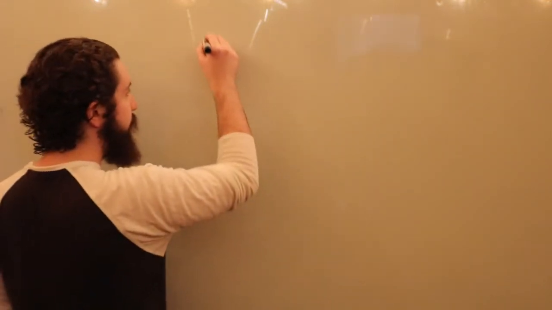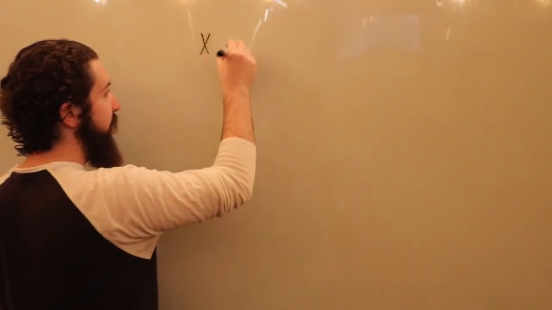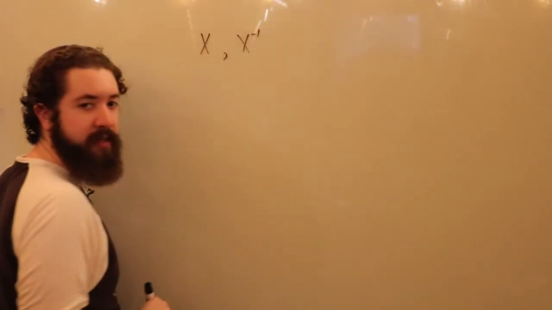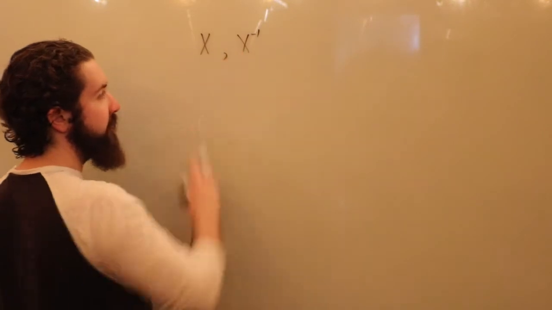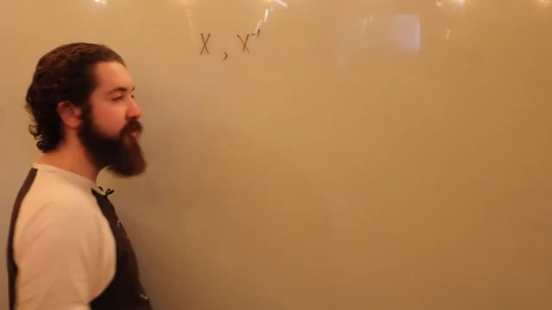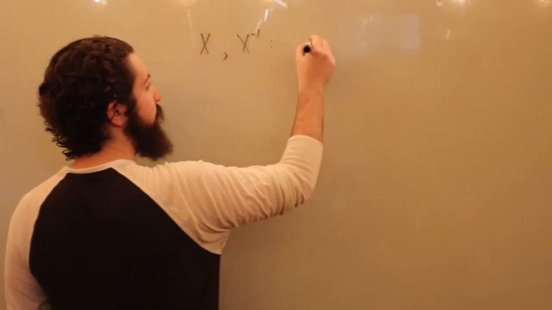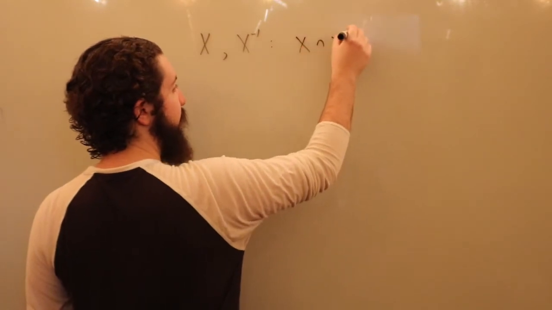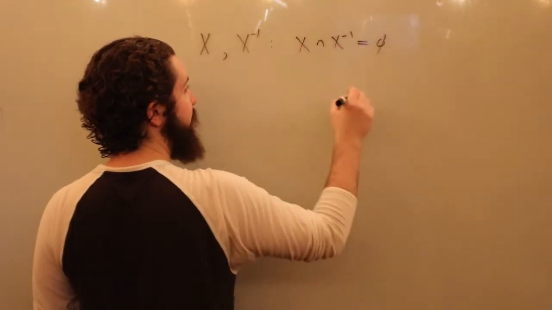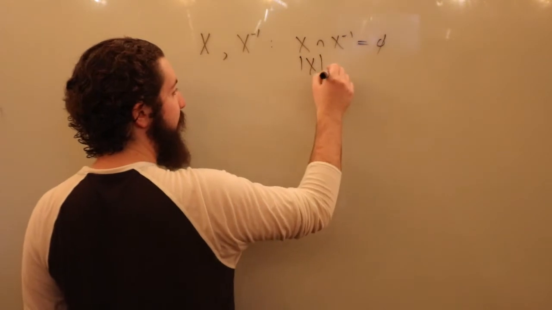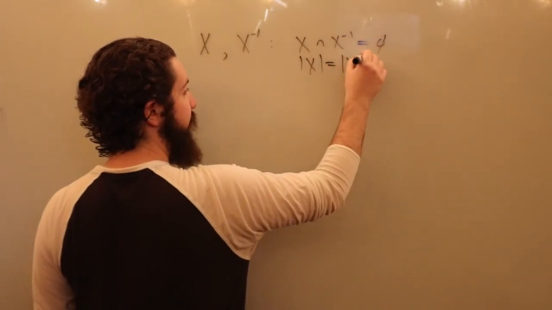All right, so we're going to jump right into it here with the definition of a free group. So, pick a set X and a set X inverse such that these two sets have the same size and that they are disjoint. So we have X intersect X inverse is the empty set, and the cardinality of X is equal to the cardinality of X inverse.